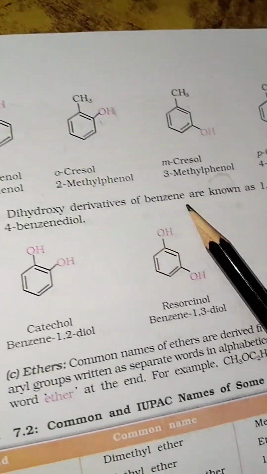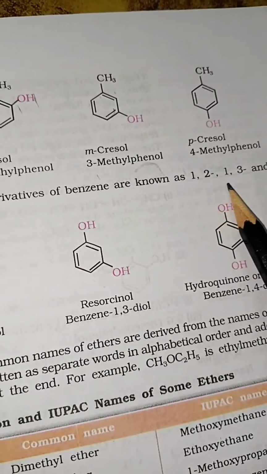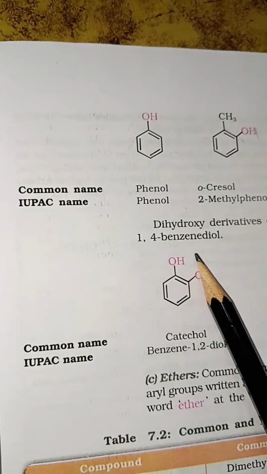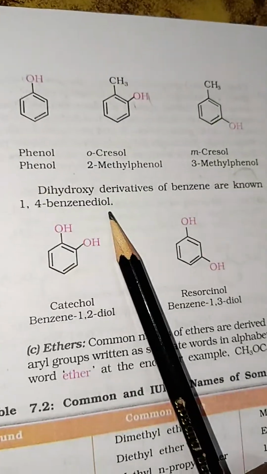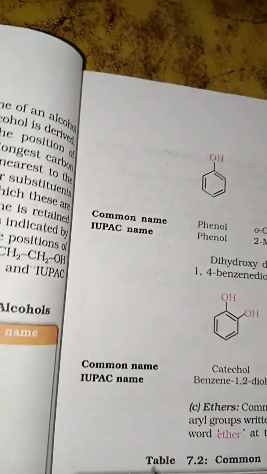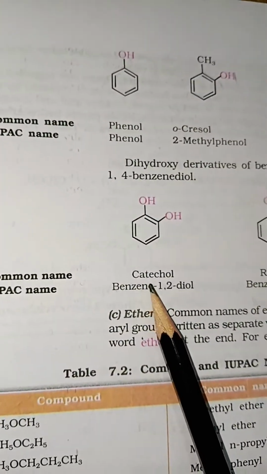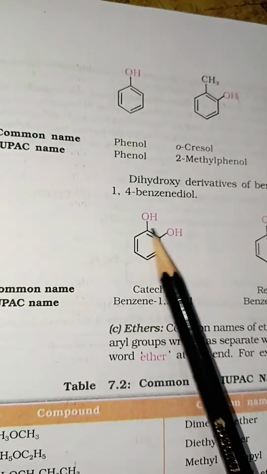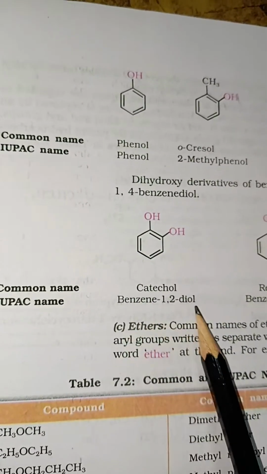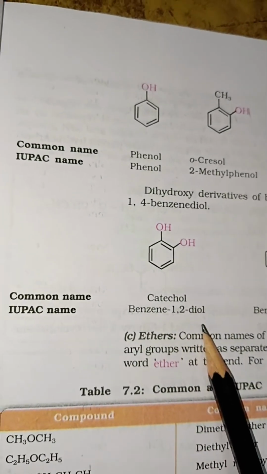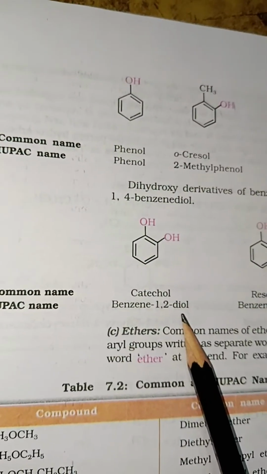Next, the dihydroxy derivatives of benzene are known as 1,2-, 1,3- and 1,4-benzenediol. Next, the common name and IUPAC name. This is the common name, catechol, and it is benzene-1,2-diol.